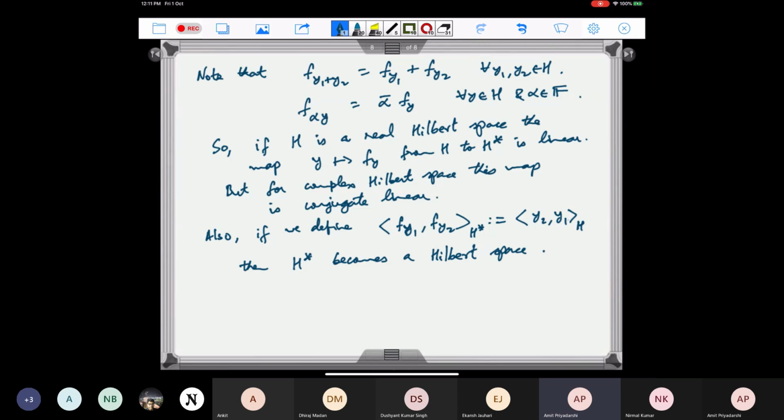That will also be a Hilbert space, and we will see that the natural map from H to H double star becomes onto. So every Hilbert space is reflexive. I'll mention in the next class that every Hilbert space now becomes a reflexive Banach space.